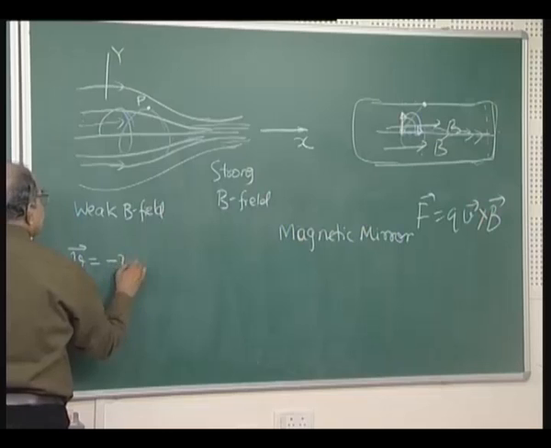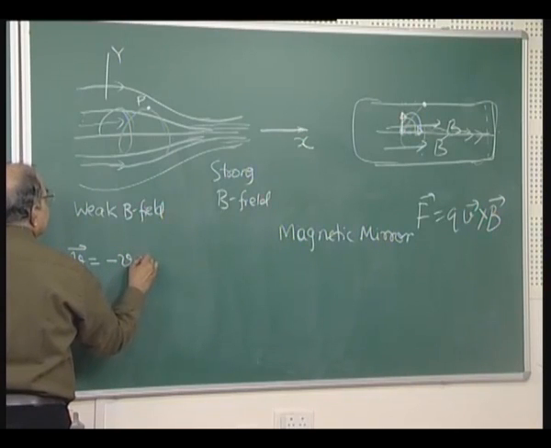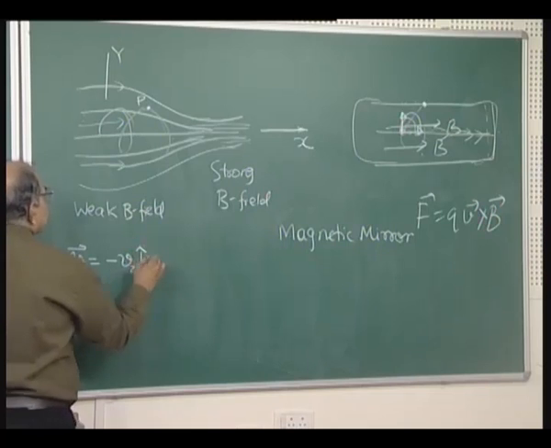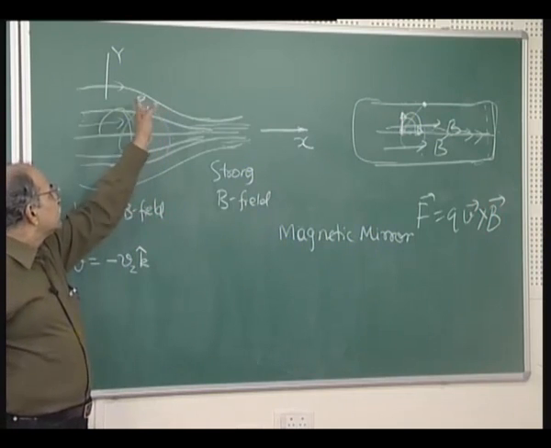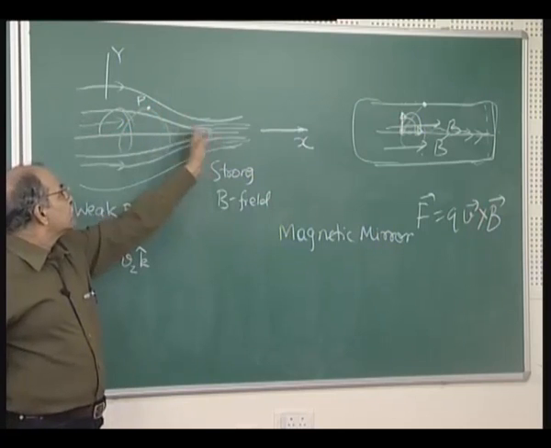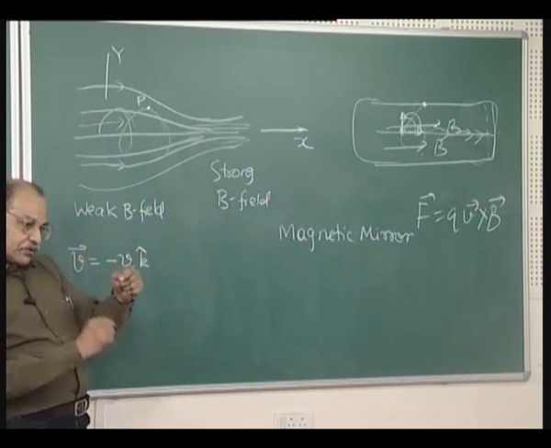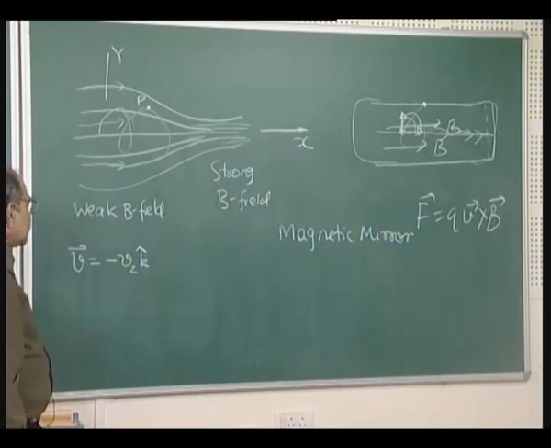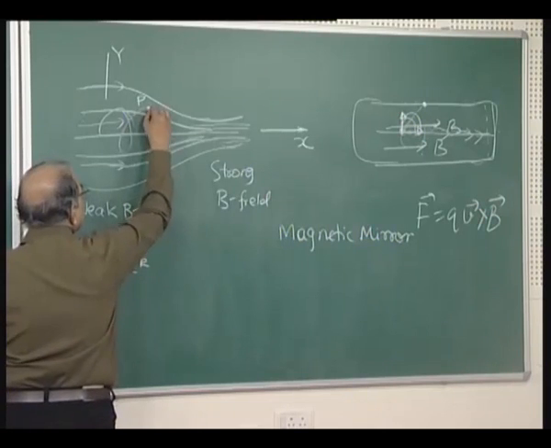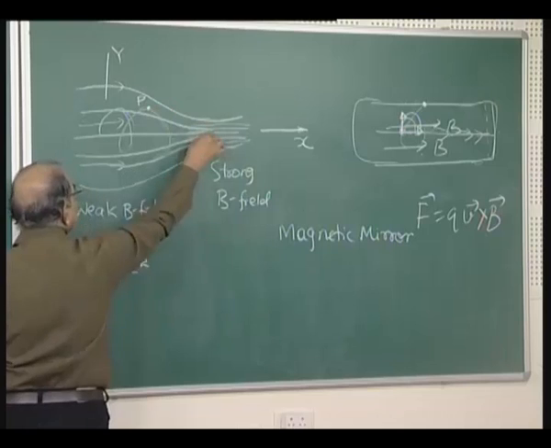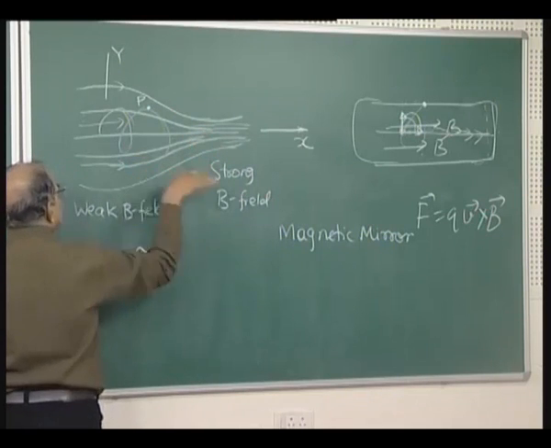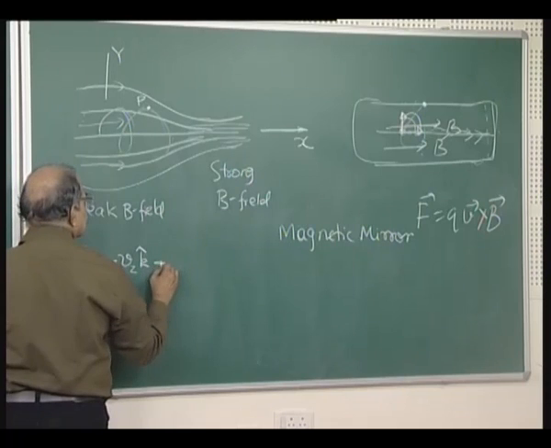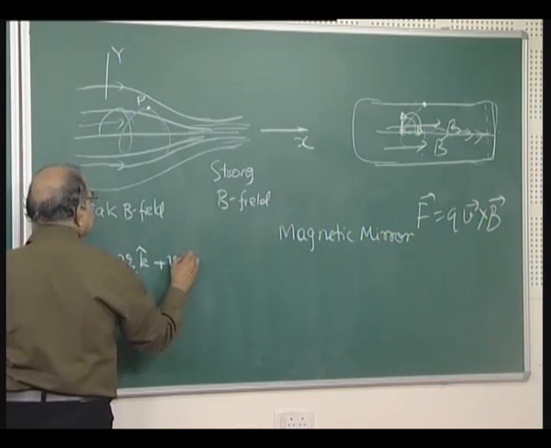So, minus say v z k cap. This is the velocity component that is perpendicular to this x direction. So, this z component here. And then there is a component in this direction, it is going ahead also. So, this component will be plus V x i cap.